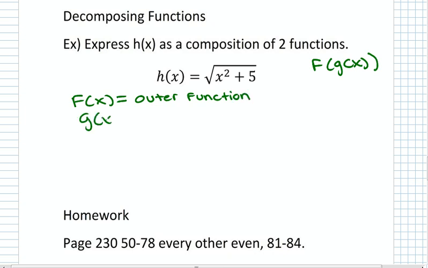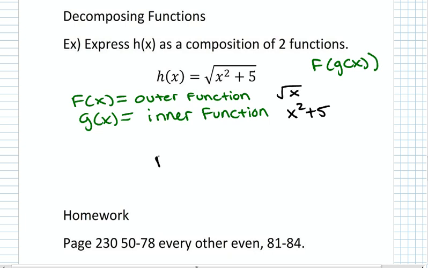G of x is the inner function. If you look at this here, inside the square root, you have x squared plus 5. So that is the inner function. The outer function is the square root symbol, so the square root of x.